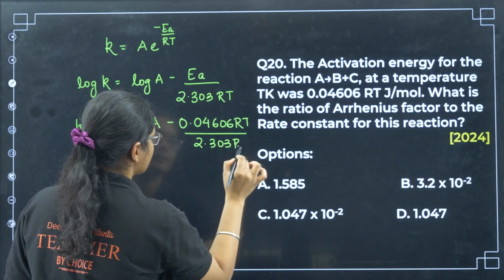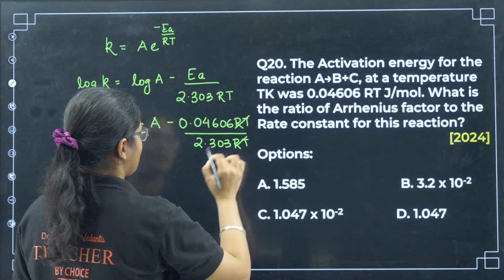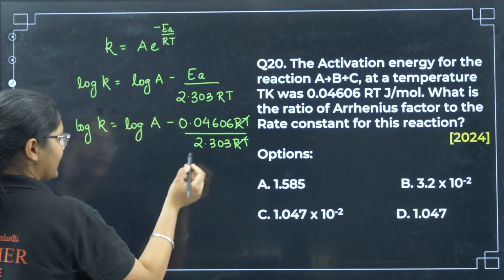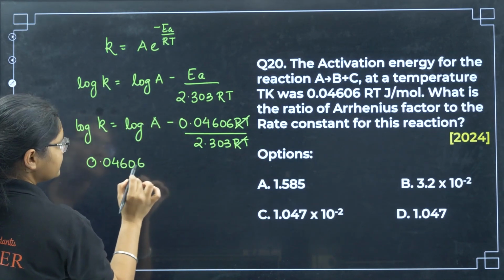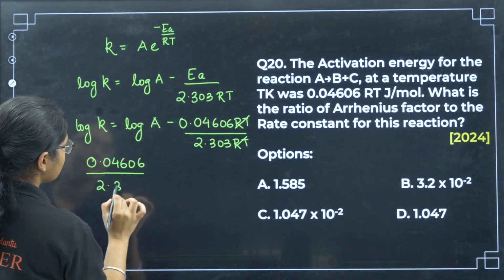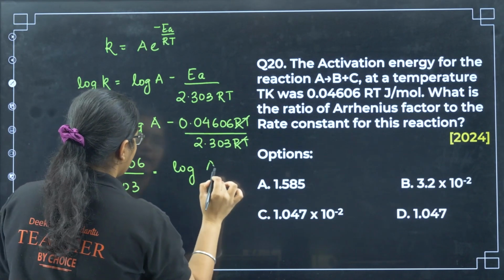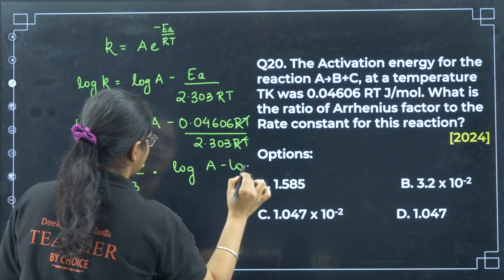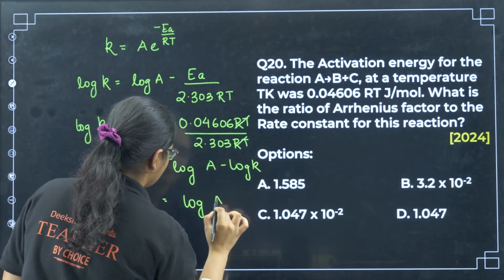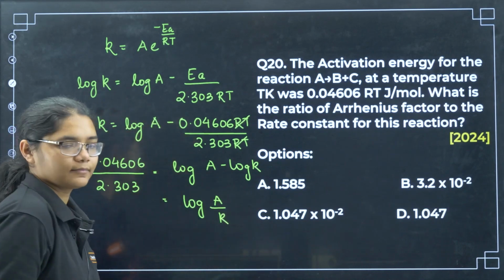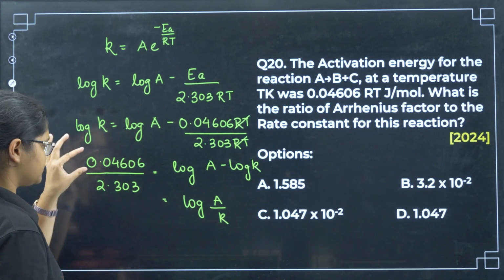2.303 RT. Okay. So now we can cancel this RT and I can take this one on this side. So I'll get 0.04606 by 2.303 equal to log A minus log K, so that is equal to log of A by K. Next, I just want to divide this one.